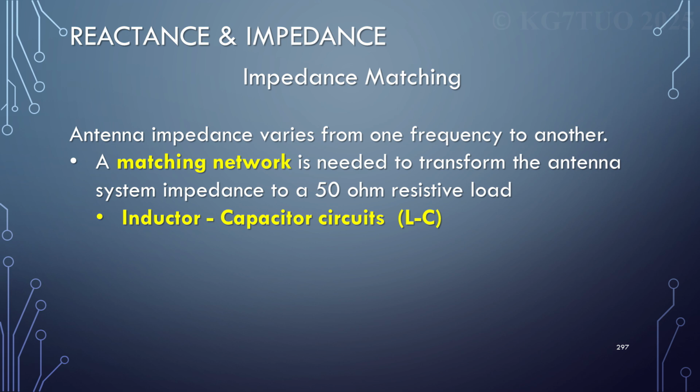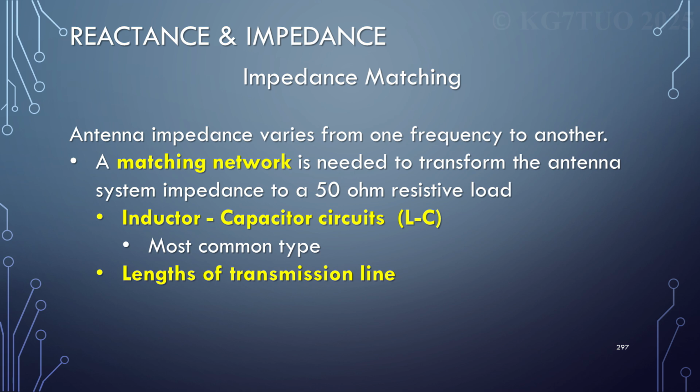That's a common one. That's a tuner with the little air capacitor. There's a couple of those and an inductor, LC. Most common type is the LC circuit. You can use lengths of transmission line. I think they're always going to be of a different ohmic value. So we want 50 ohms.